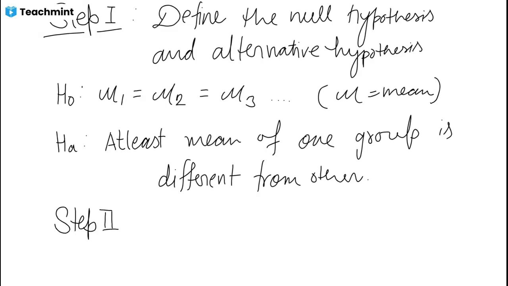First of all, we define the null hypothesis. So for ANOVA, it can either be that all are equal in the null, and in the alternate, at least one is different.